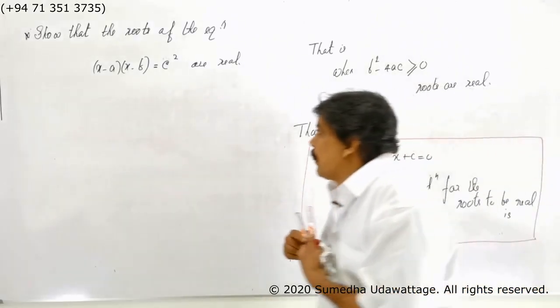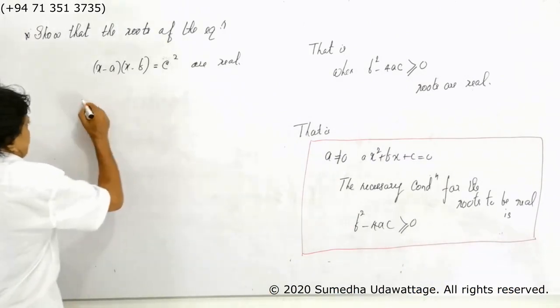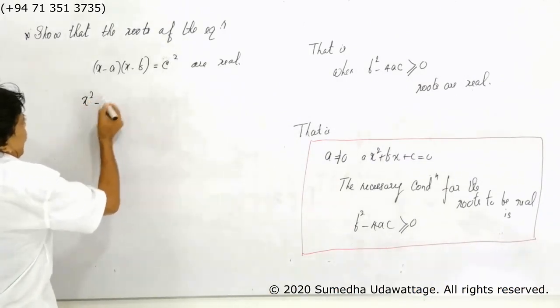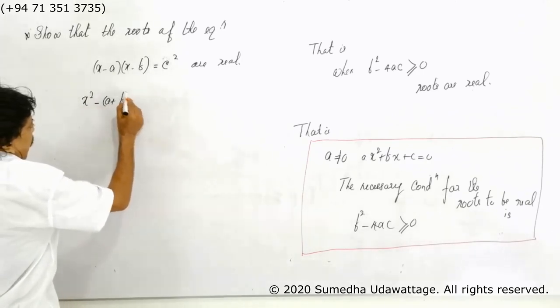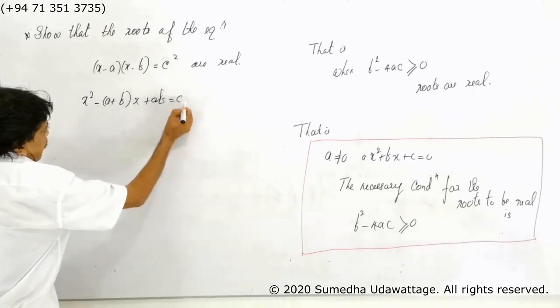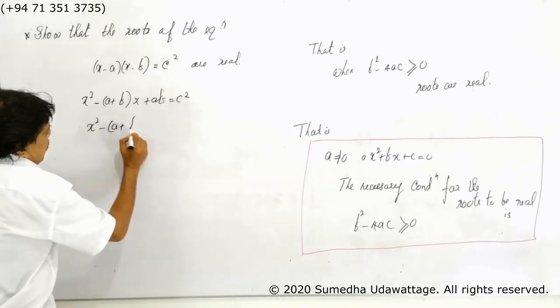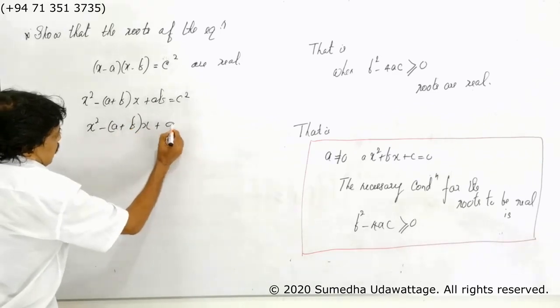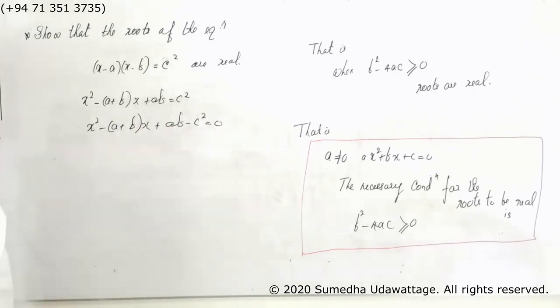Simplifying this, you get x square minus ax minus bx plus ab is equal to c square, so x square minus a plus b times x plus ab minus c square is equal to 0.